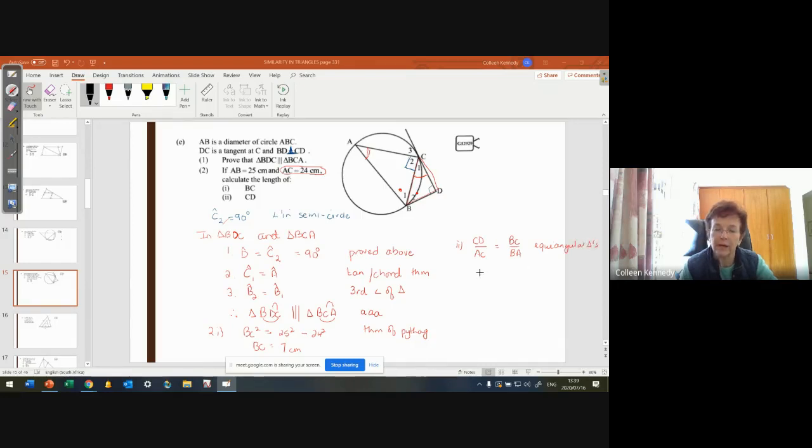So CD is going to equal BC, which we know is 7, times AC, which you know is 24, divided by AB, which you know is 25, and you can work that out. It's too hard for me today. What's the answer to this?